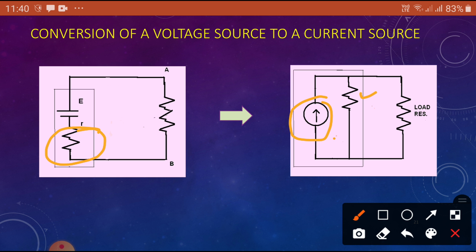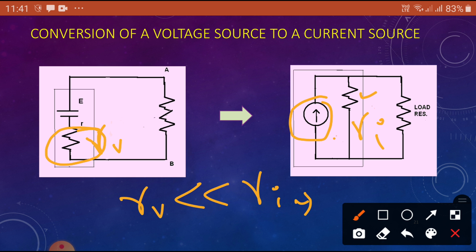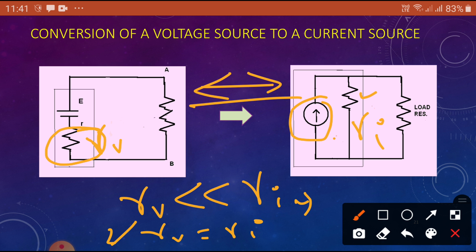The small r of the voltage source is very much less than the small r of the current source, which should be infinity, while the other should be zero. If RV is equal to RI, then when we convert voltage source to current source and back to voltage source, nothing will happen.